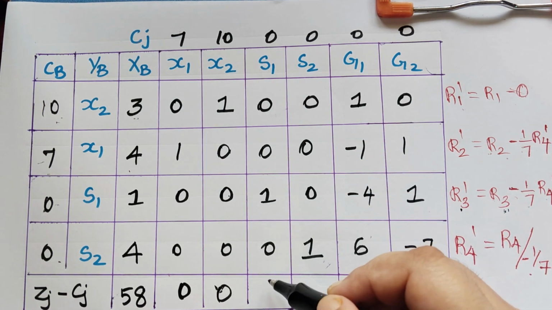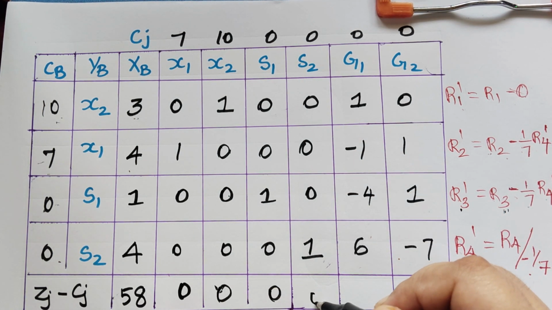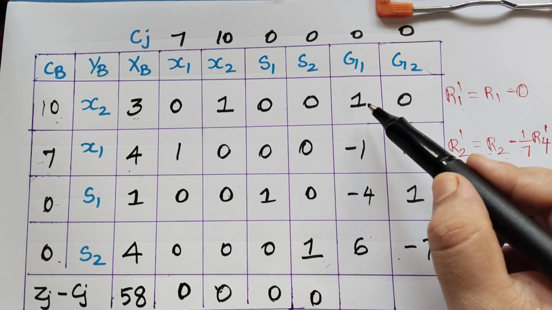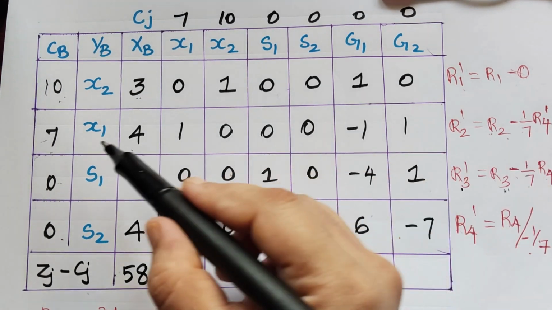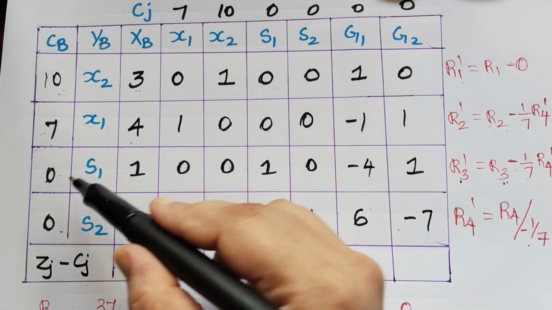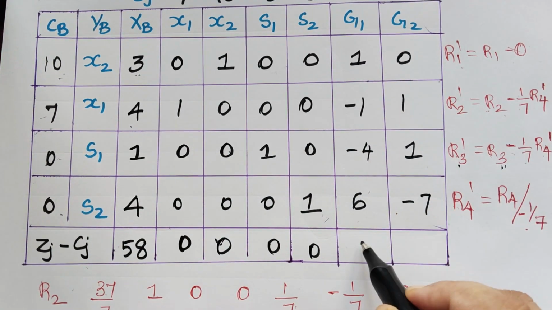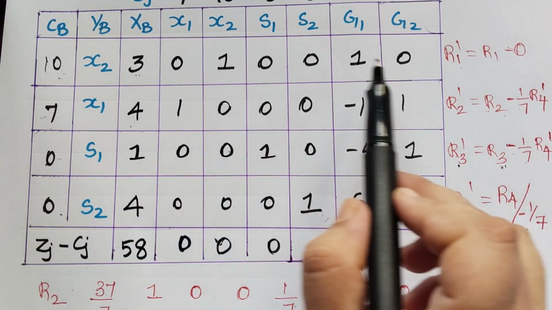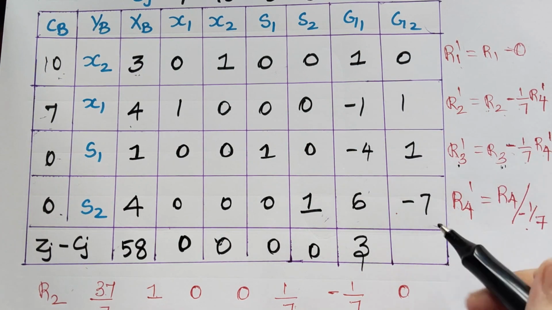Similarly, this is also 0, and this one, 10 into 1, and then plus 7 into minus 1, so minus 7. These two are 0. So 10 minus 7 is 3. And then 10 into 0, 7 into 1, which is 7 only. The rest are all 0.